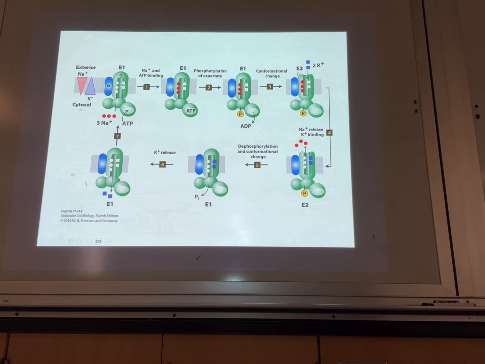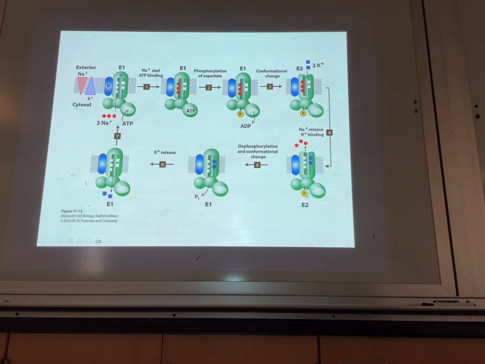When it's in the E2 conformation, it no longer wants to bind to the sodium, so it spits the sodium out, and it's released on the lumen side of the transporter. And now it has a high affinity for potassium, so potassium comes in from the outside and binds to the binding sites on the E2 conformation.